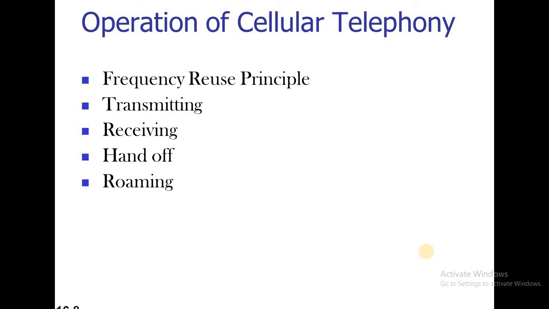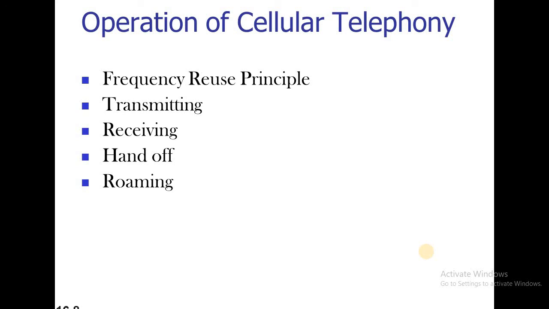The second one is transmitting. Mobile stations are going to transmit the call. To transmit the call, the input we give is a 10-digit number and we press the send button. Then the mobile station is going to scan, check for the stronger signal band, allocate the bandwidth, and send the call across the network.